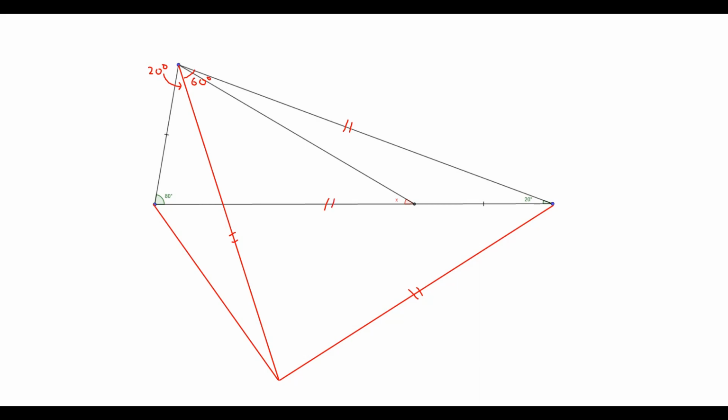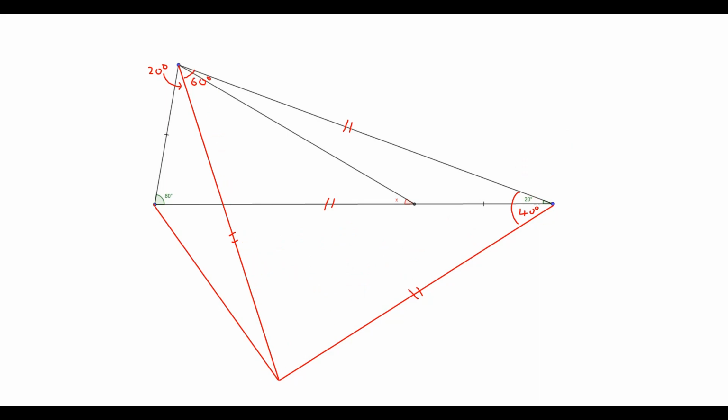But now let's take a look at this triangle here. This line and this line are the same, so this is an isosceles triangle. But I also know that this has to be 40 degrees, and I hope you can see the reason, because that whole thing's 60, because that's part of the equilateral triangle that we sketched.